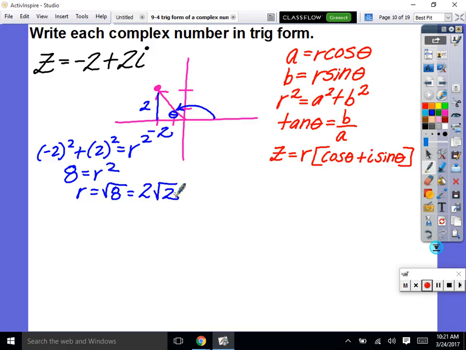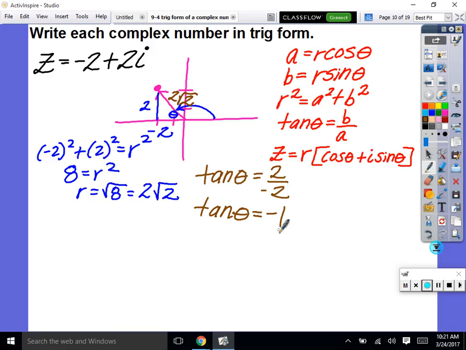So we'll write that in. This is 2 root 2. Now to find this theta, we can use any trig ratio: sine, cosine, or tangent. I just like to use tangent because of opposite and adjacent. Everybody understanding? Good. So tangent of theta equals 2 over negative 2, so tangent of theta equals negative 1.